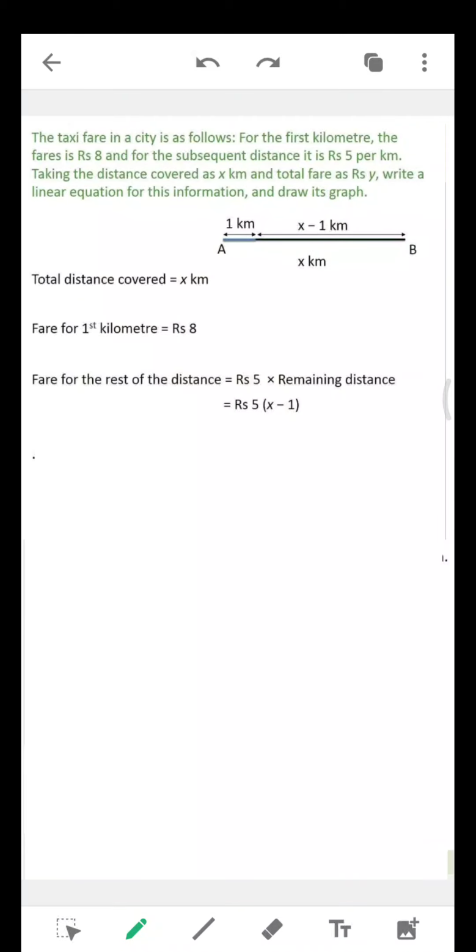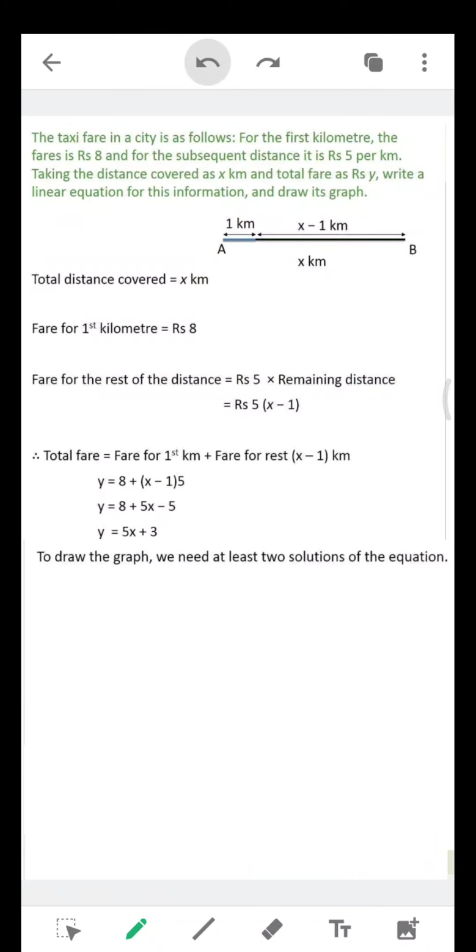Now I'll frame the equation. For that I need to add the fixed charge for the first kilometer, and this is the extra charge. Total fare will be, because he's asking you to take y as the total fare, y is equal to 8 plus 5 into x minus 1.